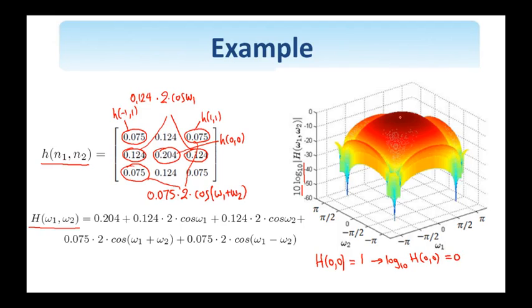So this term here, that's the 0, is equal to 0. We see again that this is a low-pass filter. It attenuates slightly the low frequencies and considerably the higher frequencies. And of course, the 0 frequency goes through the system unchanged.